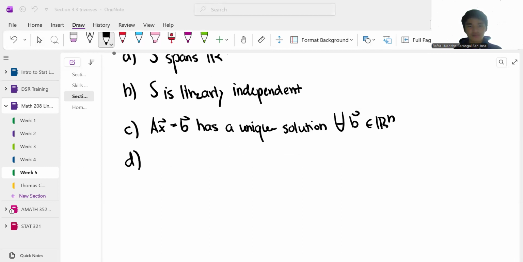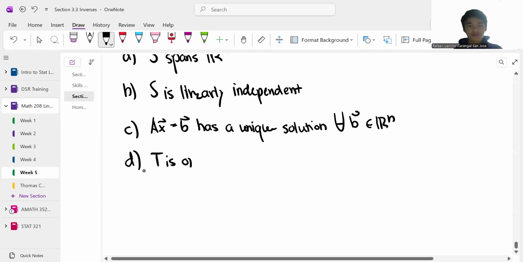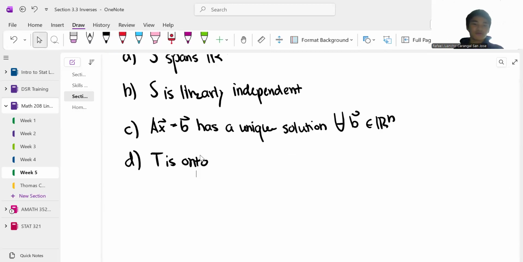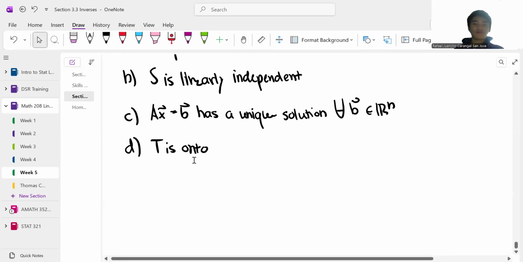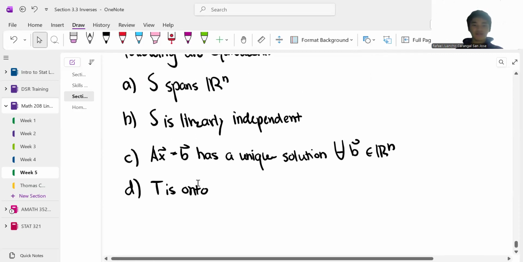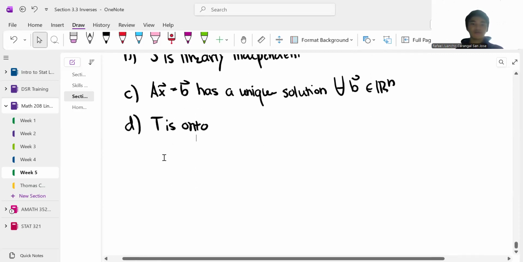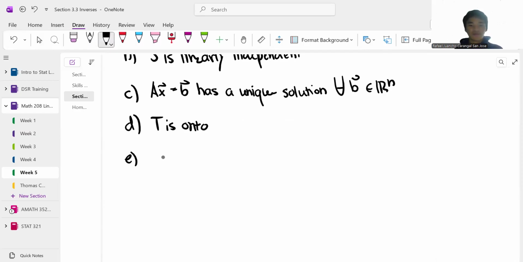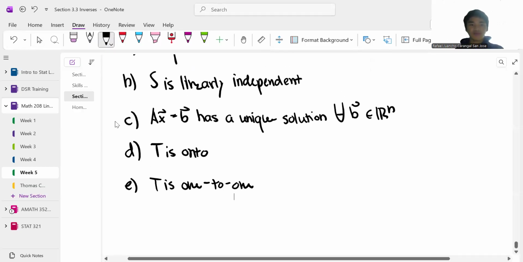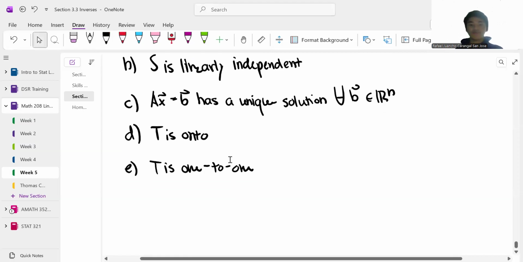What else? D, T is onto. That means there's a pivot in every row. And so they span Rn, and they're also an onto linear transformation. E, T is 1 to 1. This immediately connects us to B, where the set is linearly independent, because there's a pivot in every column.